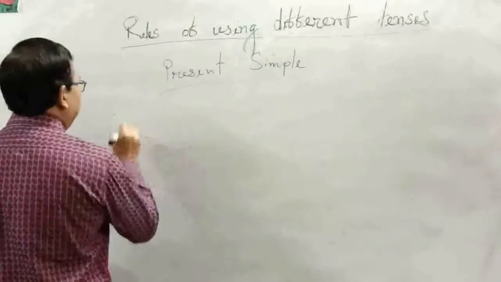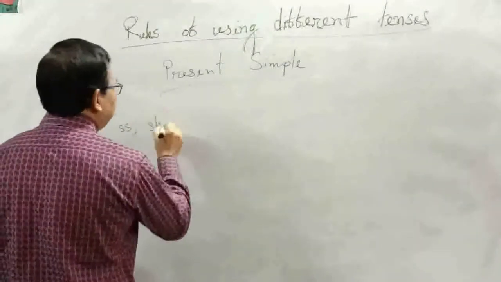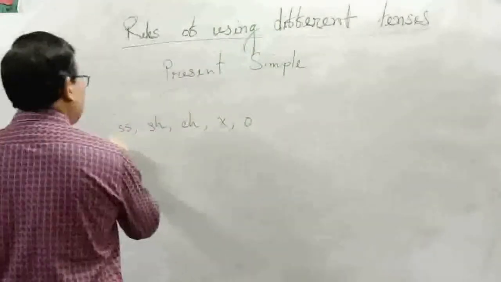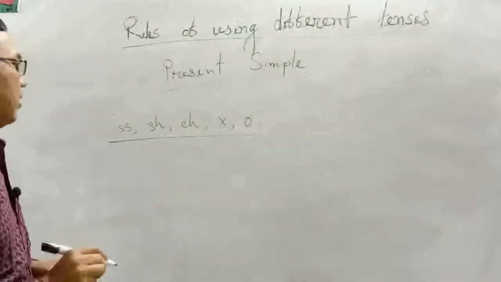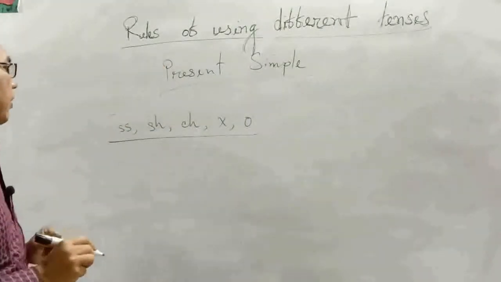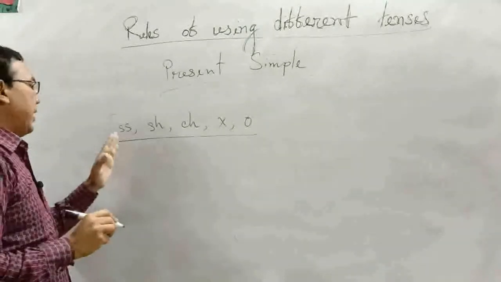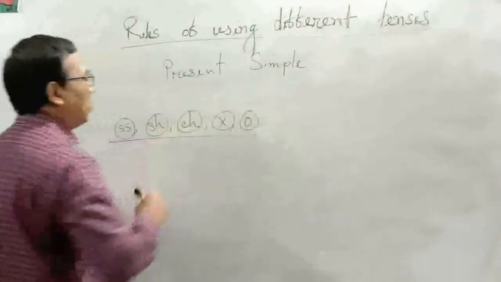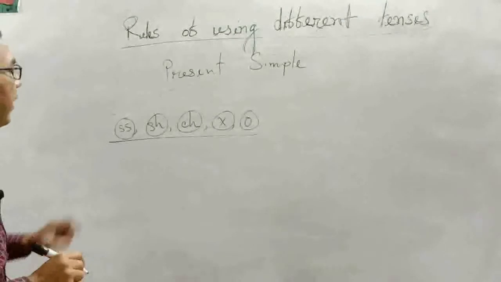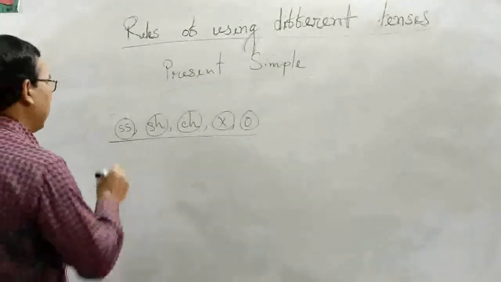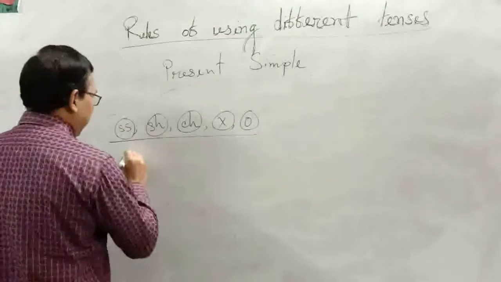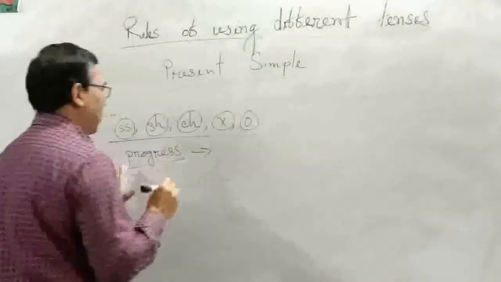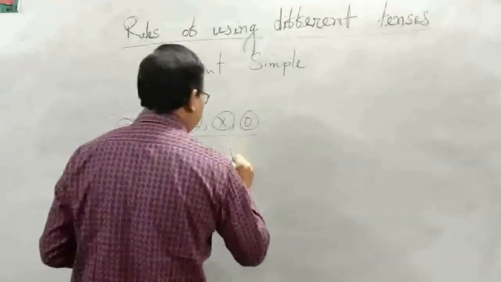Verbs ending in ss, sh, ch, x, o: when any verb ends in ss, sh, ch, x or o, then es is added to the verb. I am giving you some examples. ss: progress, and you will add es, progresses.